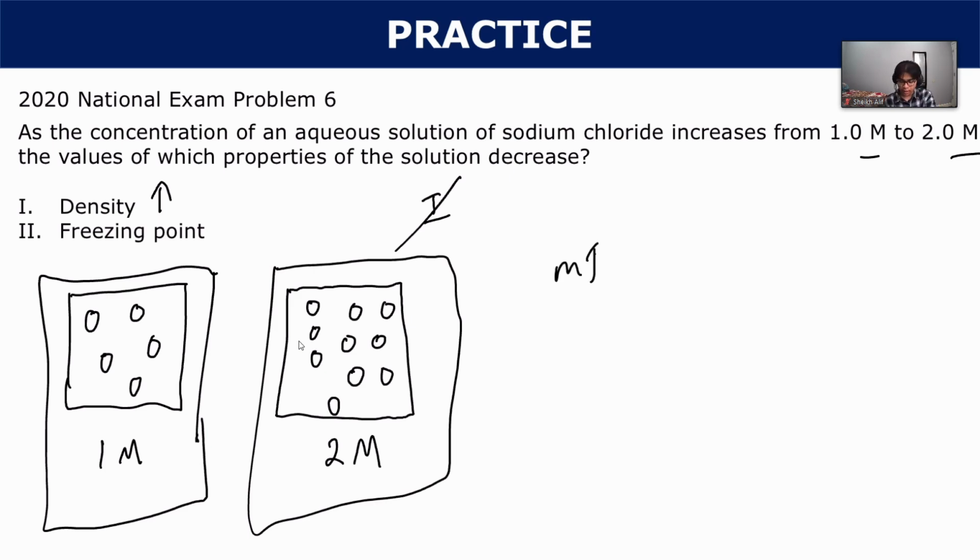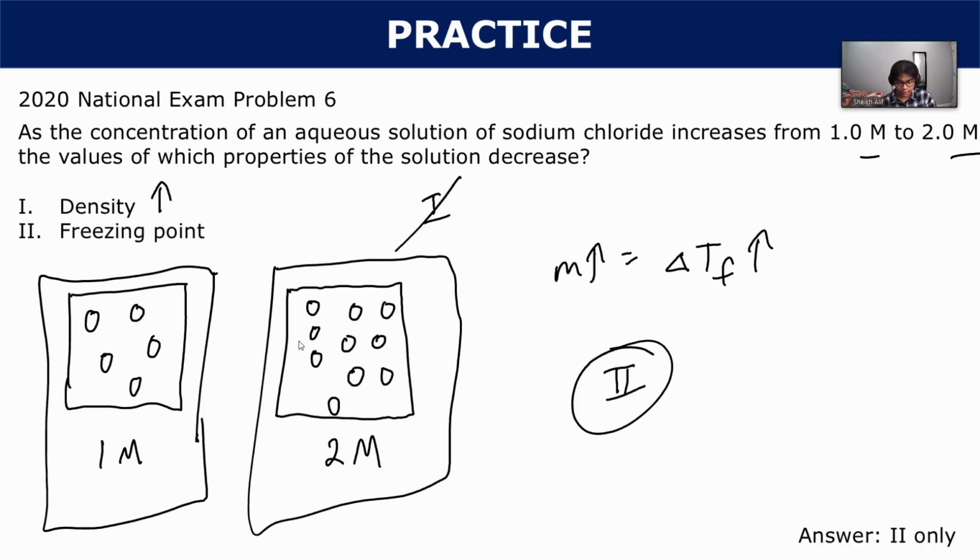So m has gone up, and so has change in Tf. And since freezing point depression gets larger as molality goes up, that means that freezing point does go down if you change the concentration from 1 to 2. So only 2 is right here, and that is the answer.